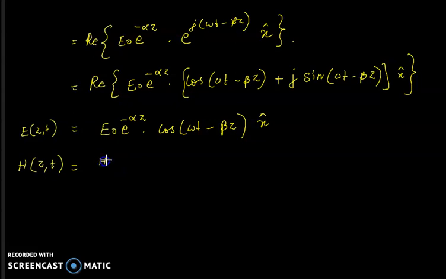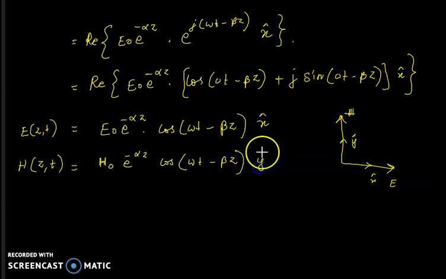Since both are transverse components, we can represent it in a similar way. If this is E along x, then H is along y. Let us take H naught e power minus alpha z cos of omega t minus beta z, in the y cap direction.